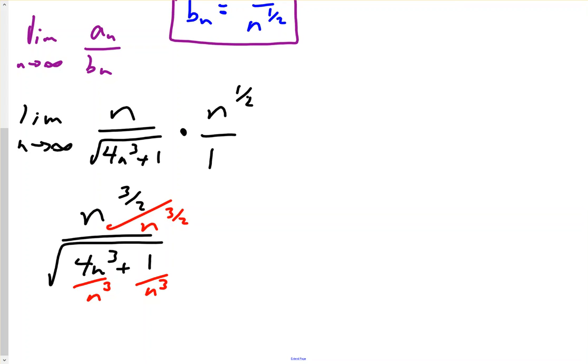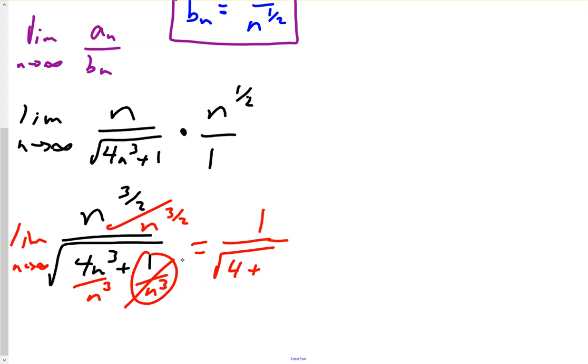So we have the top part equaling 1. Remember, we still have a limit. Top part equals 1. Bottom part inside the square root, we would have 4 plus 1 over n cubed, that would go to 0.